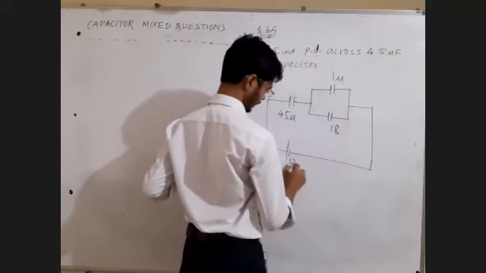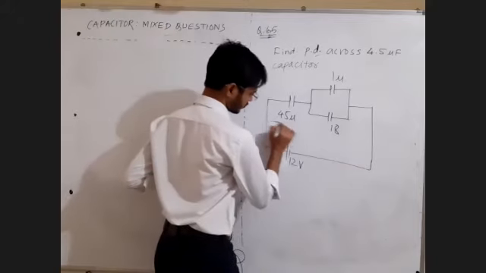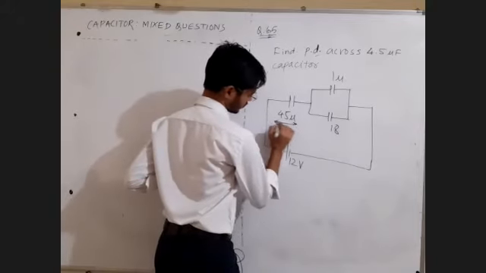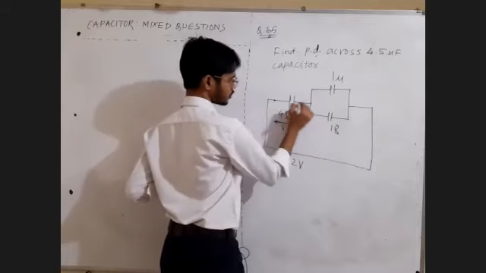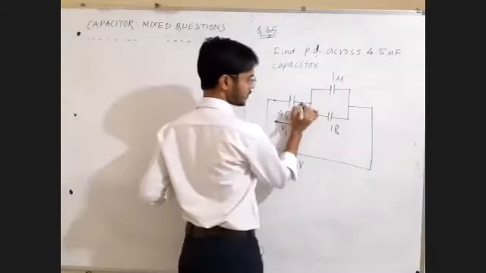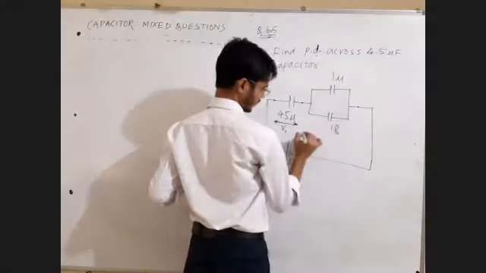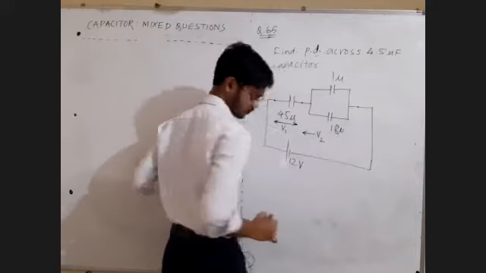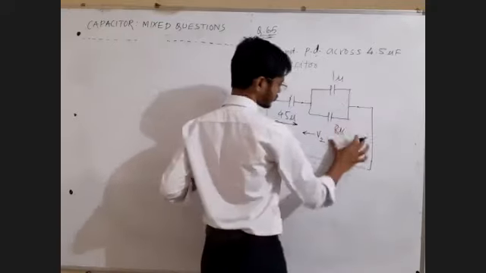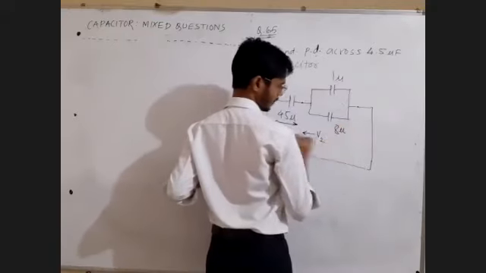You have to find this potential difference. Let us call the potential difference between this point and this point V1, and between this point and this point V2. This is 8 micro, and this is also 8 micro.